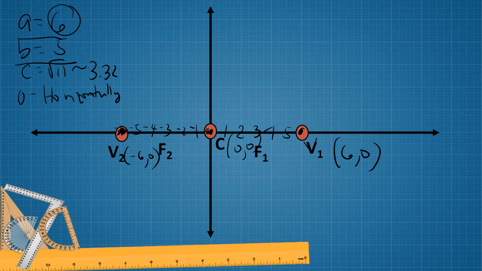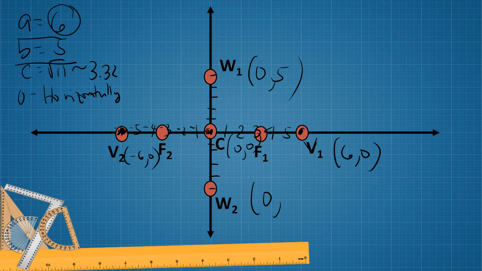So, magbibilang naman ngayon tayo ng 5 units upward, downward. So, we have 1, 2, 3, 4, 5, and then 1, 2, 3, 4, 5. So, therefore, we have the co-vertices here. We denote co-vertices as W sub 1 and W sub 2. W sub 1 is located at (0, 5), while W sub 2 is located at (0, -5).